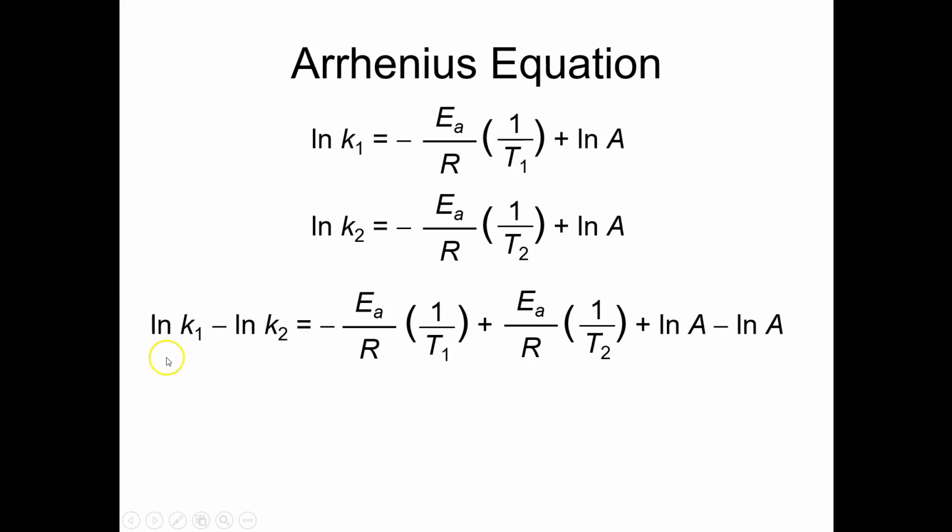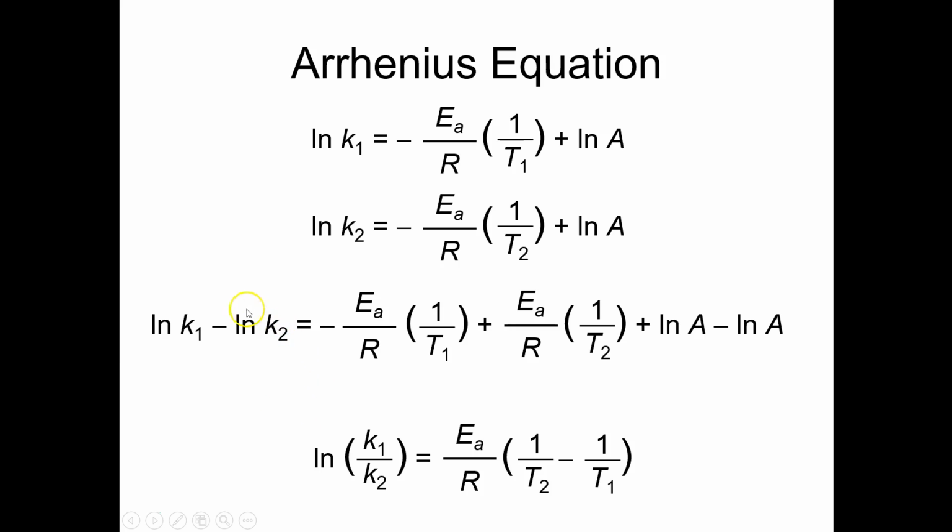And as you'll recall, when you subtract the log of B from the log of A, that's equal to the log of A over B. And so this side becomes this side, with the log A's canceling each other out and the EA over R being factored out, gives me this. And now I've got a really valuable equation, actually, that allows me to do a couple things.